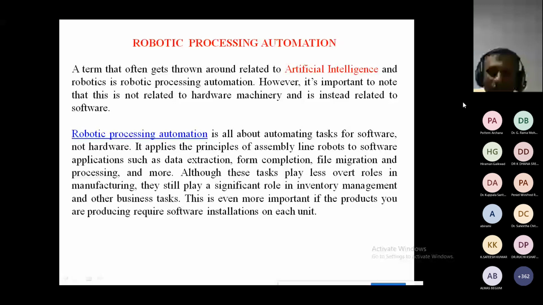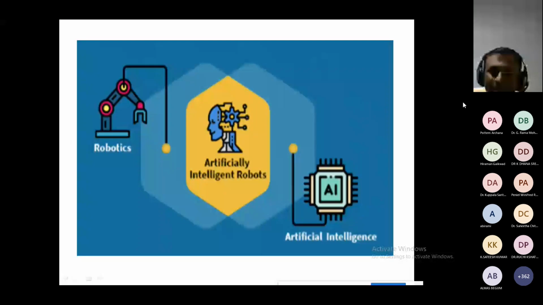And now the theme is how the work is going on, how we have to control the total system remotely. When robotics and the artificial intelligence system are added, the total system is known as an artificial intelligent robot.